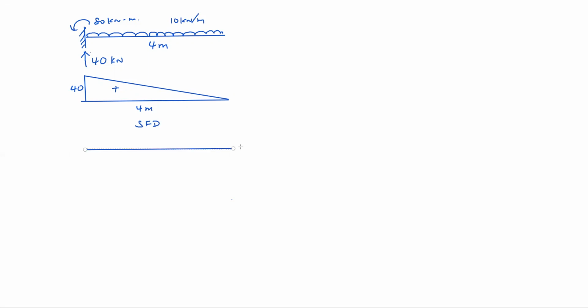You know, the slope of the bending moment diagram must be intensity of shear force, right? So you know variation here. At point A, or fixed end, bending moment is 80. So in between variation is how? It's very simple. Just follow this rule. Slope of the BMD is intensity of shear force.